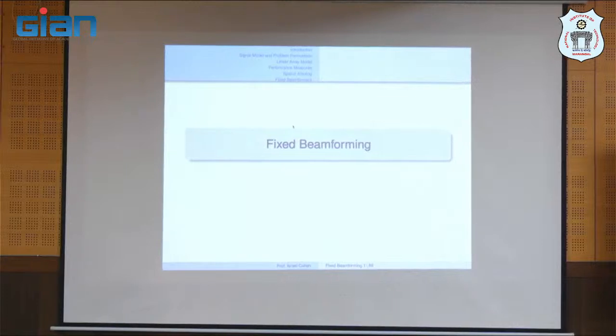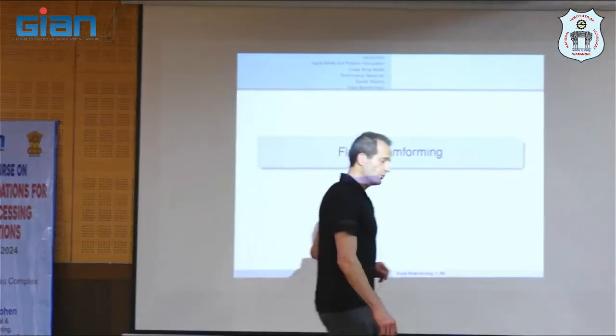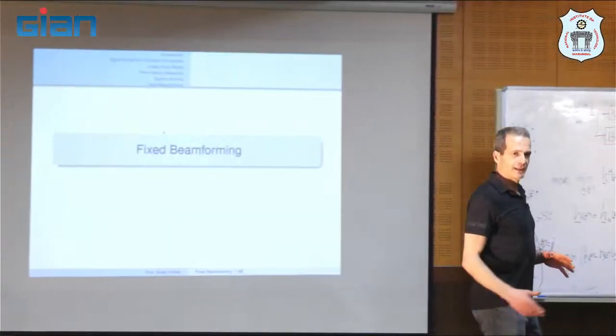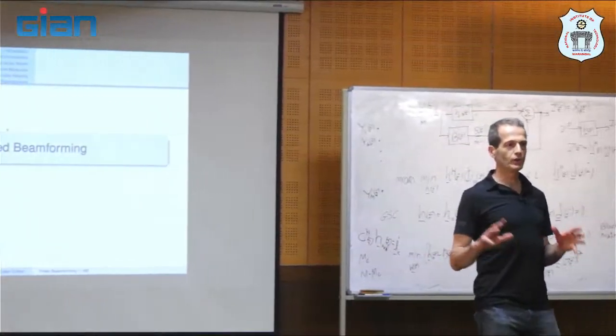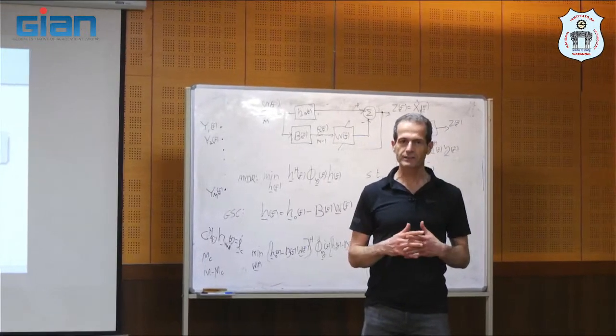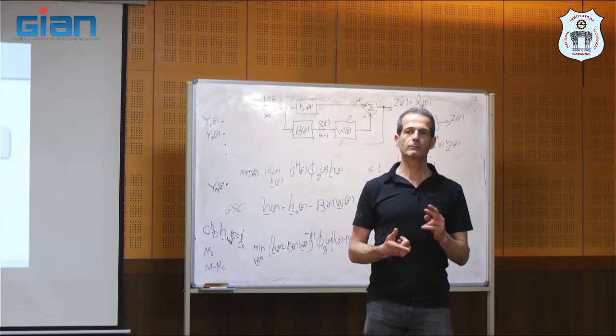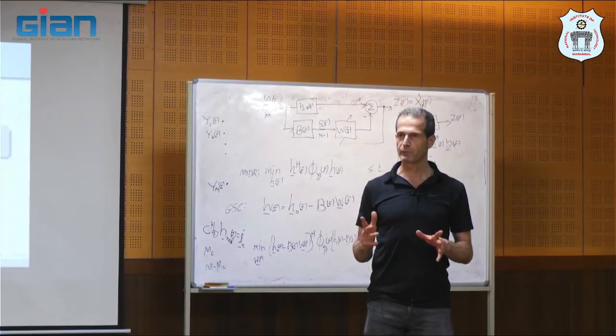Okay, now we move on to fixed beamforming. So I will show you that now, after you learned also the main things in array signal processing. What I'm going to talk about is fixed beamforming and adaptive beamforming.